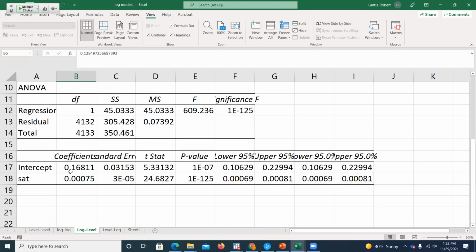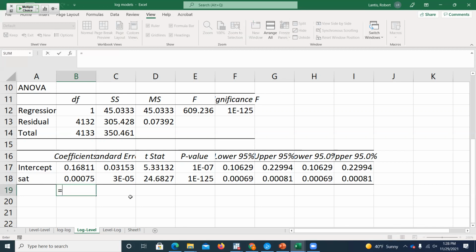If you're going from percentages to levels, then I need to scale back that percent interpretation, move back to looking at decimals, and so I need to divide by 100. Here we were going from level, unit changes in our x variable, to percent changes in our y variable. So we need to multiply it by 100.